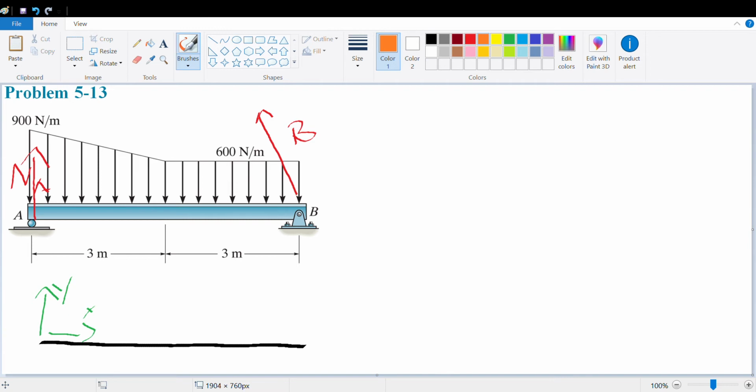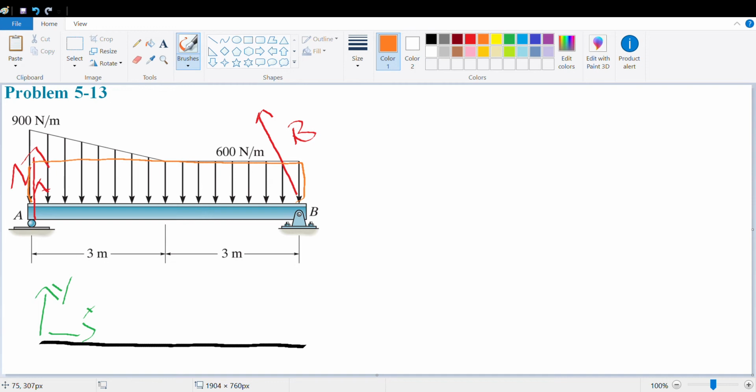We can simplify this distributed load by looking at it as a composition of two distributed loads. A rectangular one, which is equal to all of this. So if you remember, a load is equivalent to the area of this representation.